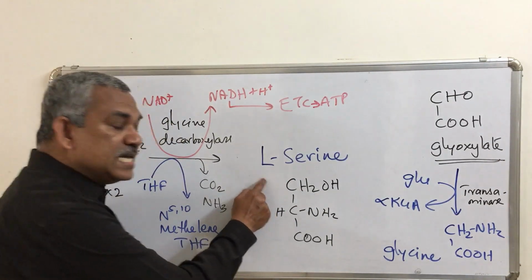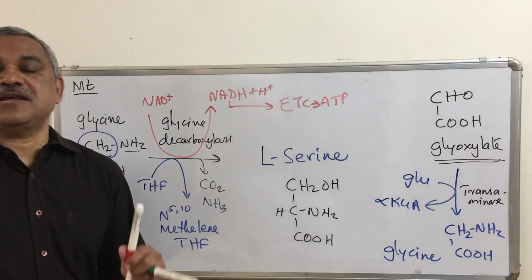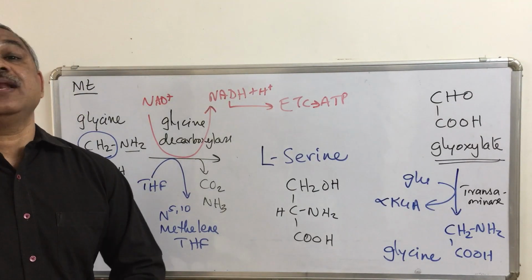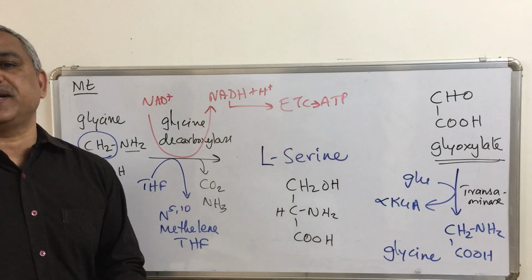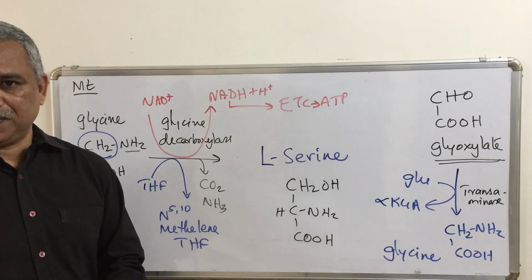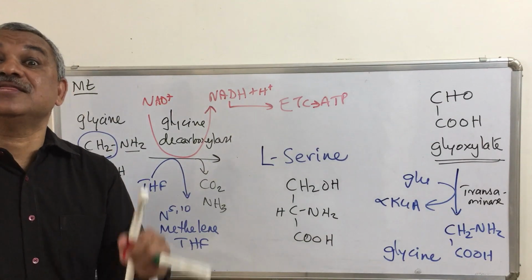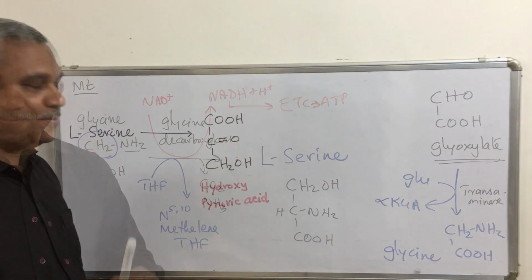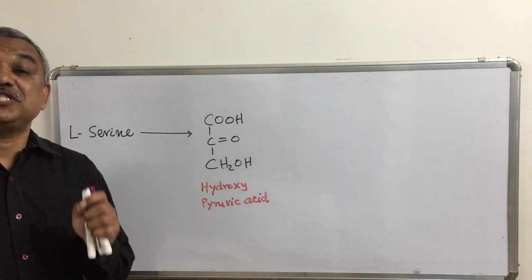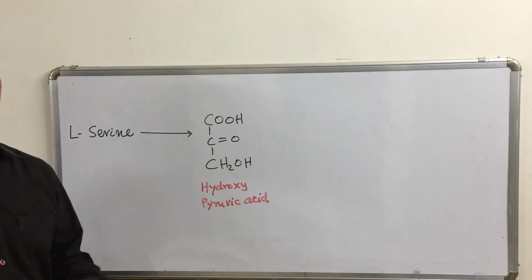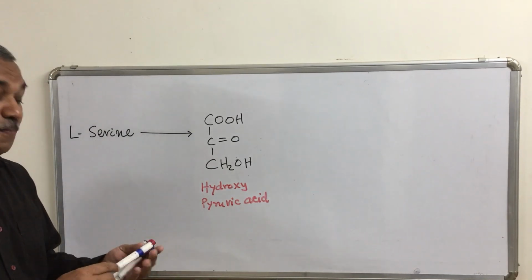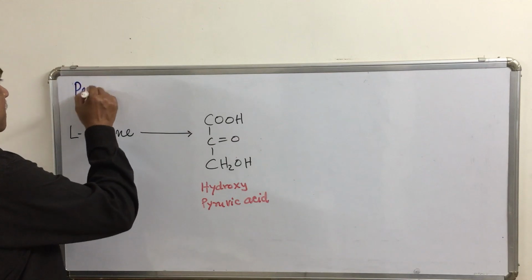Now once serine is produced in the mitochondria, it will move out from the mitochondria into the peroxisome. Now we have serine in the peroxisomes.